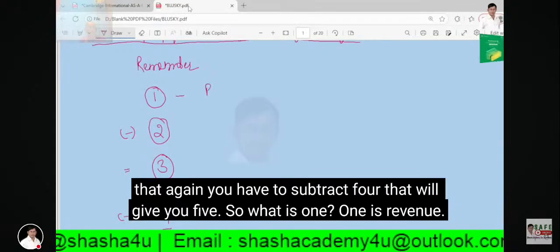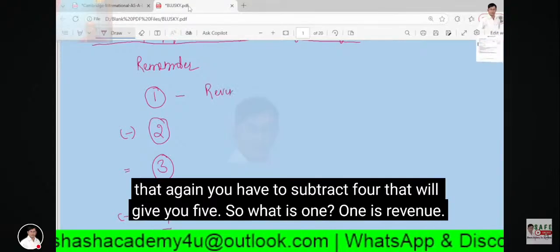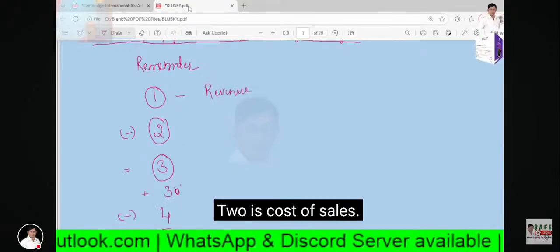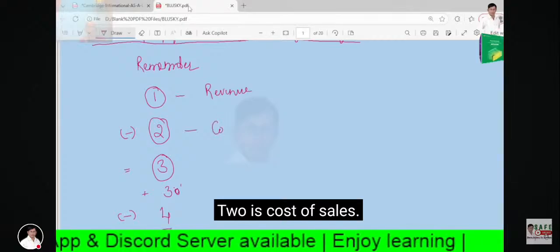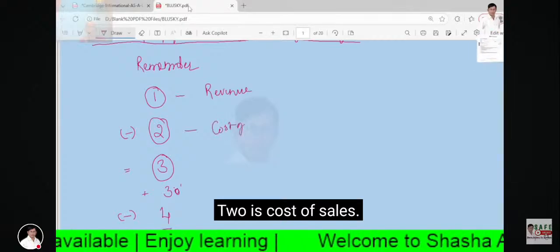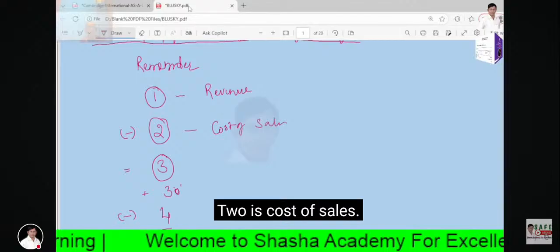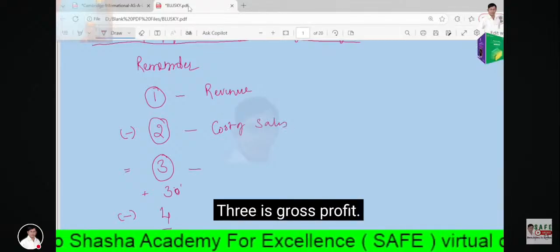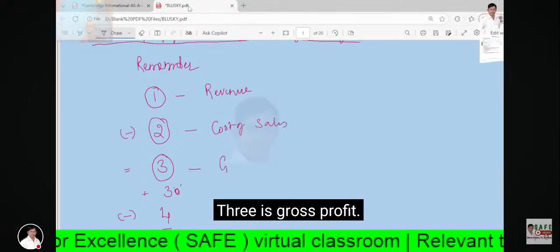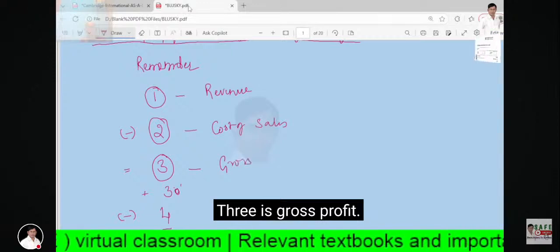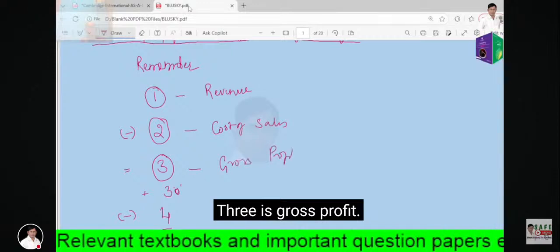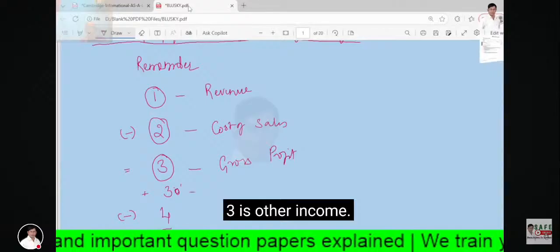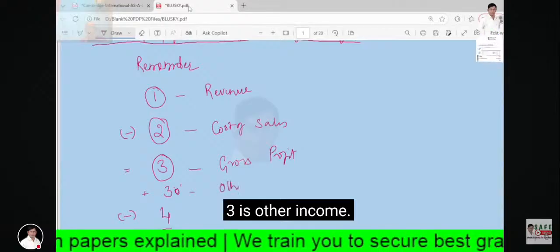So what is one? One is revenue. Two is cost of sales. Three is gross profit. Three-O is other income.